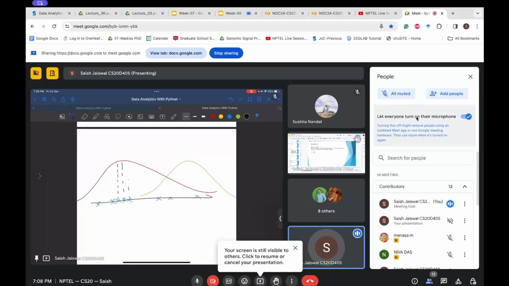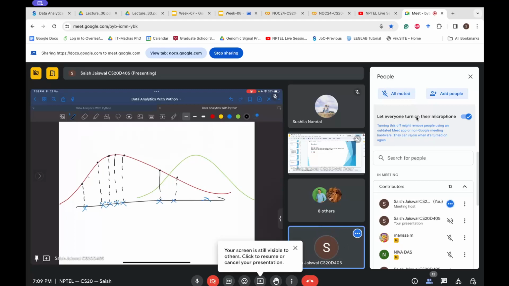This is the red one, because if you see the density values over here, if you take the product of these values, P1, P2, P3 and so on up to Pn, and with respect to this green data points, P1, P2, P3 up to Pn.